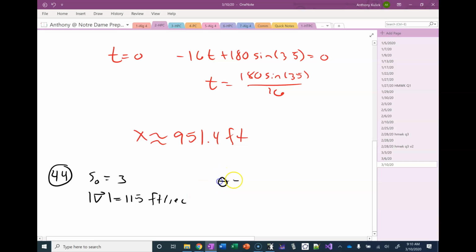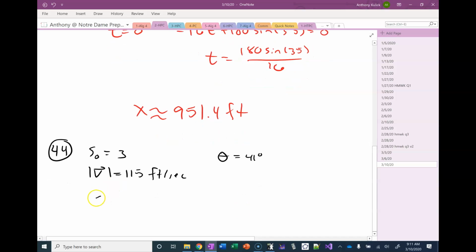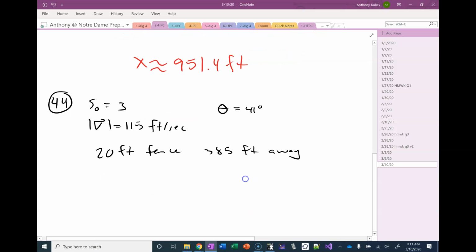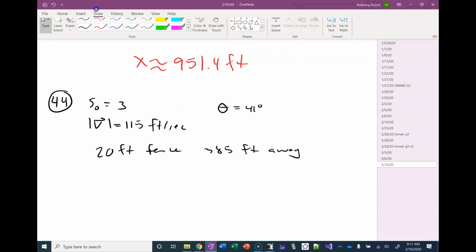The ball leaves at an angle of 41 degrees and heads towards a 20-foot fence 385 feet away. It says, write the parametric equations to model the flight of the ball.